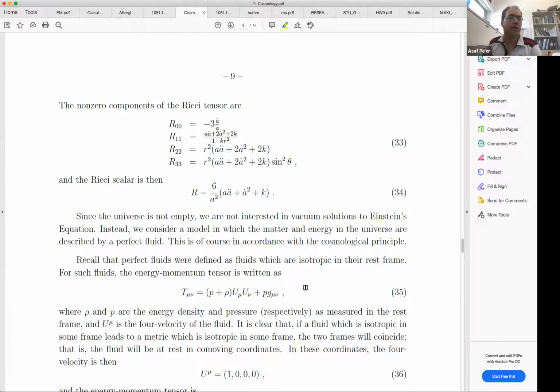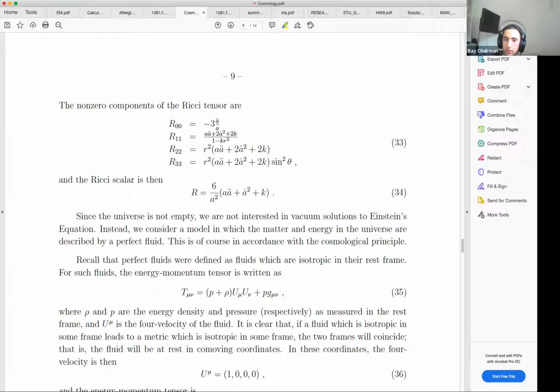Okay. Now, what is the four-velocity in the comoving coordinates? C squared as the zero component and everything else is zero.